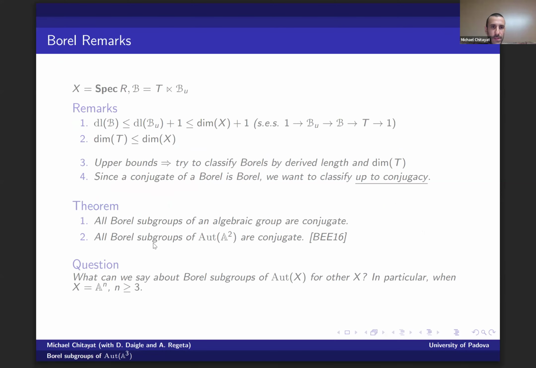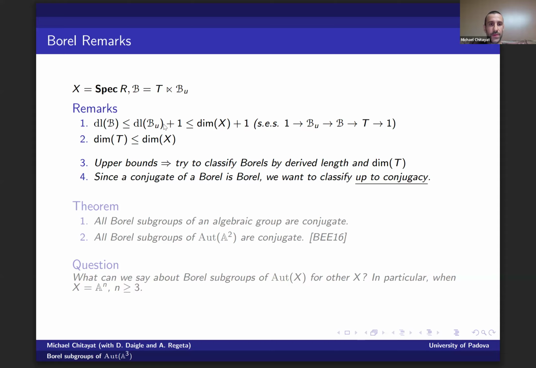Okay, I'll continue. So some remarks. Again, X is spec R, and I've written my Borel subgroup B as a semi-direct product of a torus and its unipotent radical. So it's not hard to check items 1 and 2. The derived length of a Borel subgroup is less than or equal to the derived length of its unipotent part plus 1.